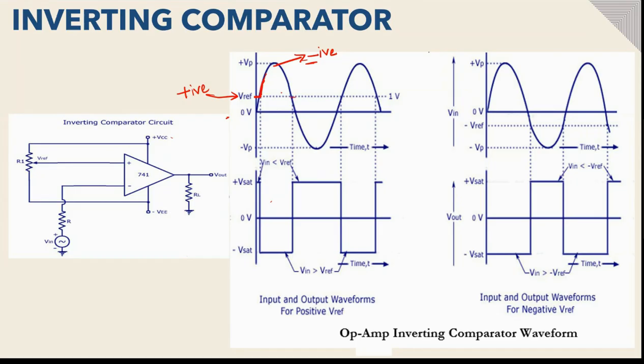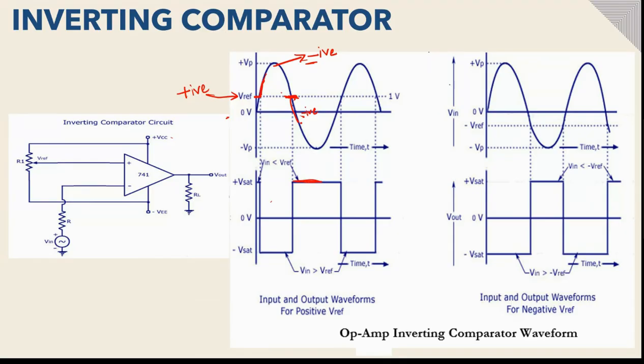Below this point, the signal is less than V reference. The negative terminal voltage is less than the positive terminal voltage, that is, the positive terminal voltage is greater than the negative terminal voltage. Therefore, the output is plus Vsat.